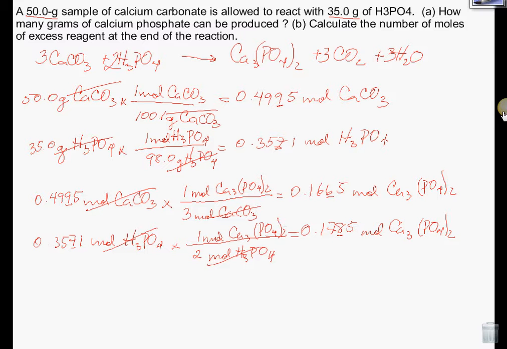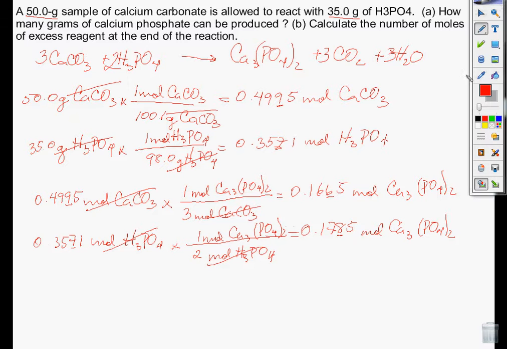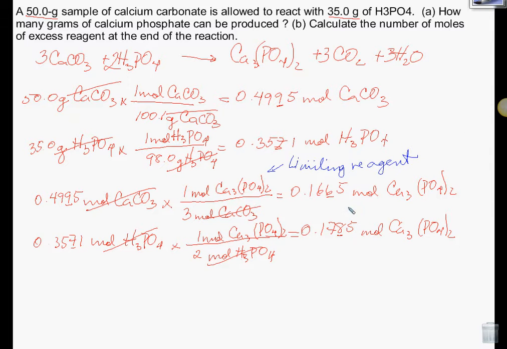So the limiting reagent, I'm going to use a different color for that. This would be the limiting reagent. Okay? So it means that that's the one we're going to be using to get the number of moles of calcium phosphate.